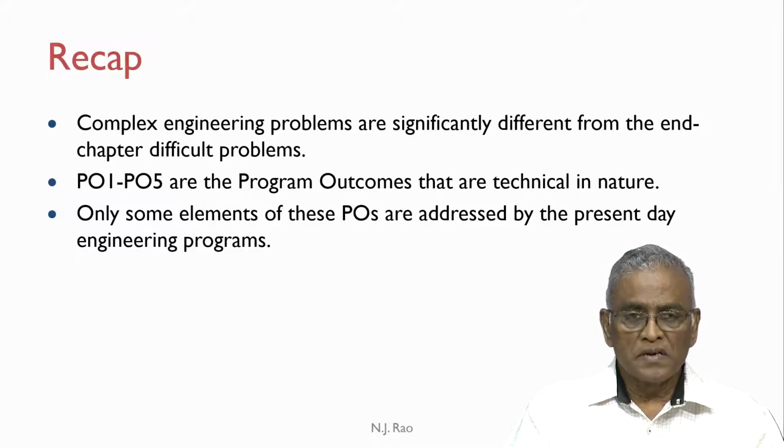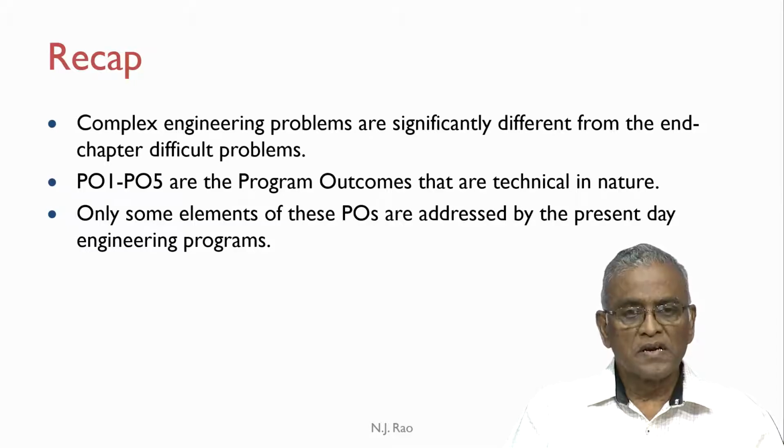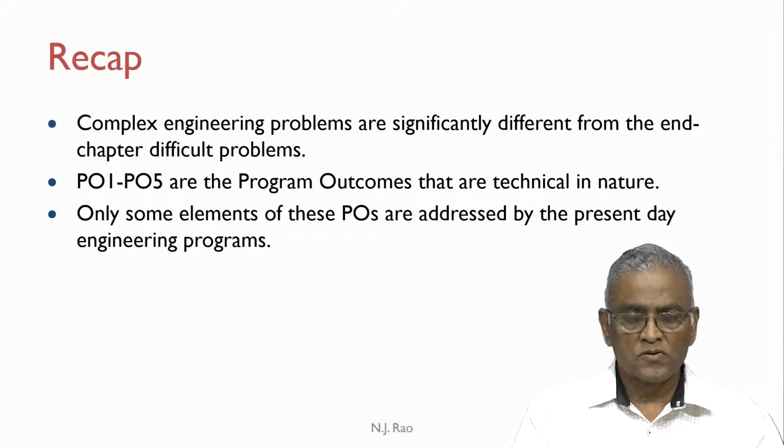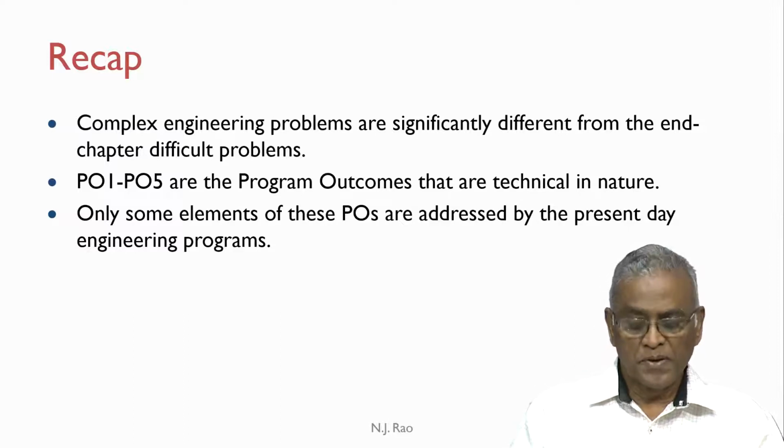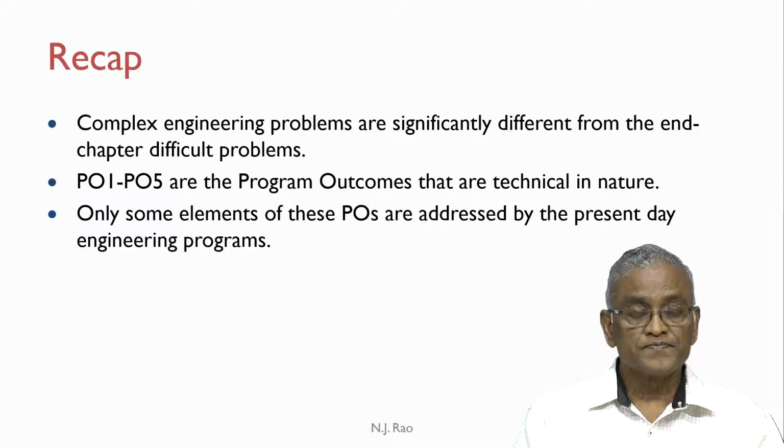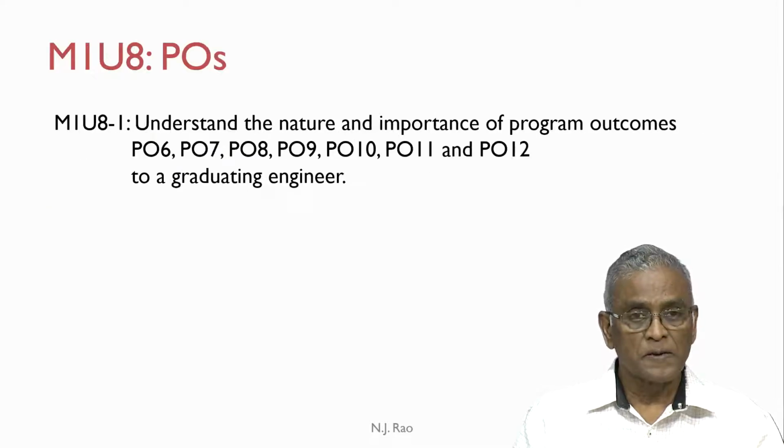It might not be intentional, but over the period the entire system has adjusted itself to ignore many dominant elements of even these 5 POs. That is what we noted in the previous unit.